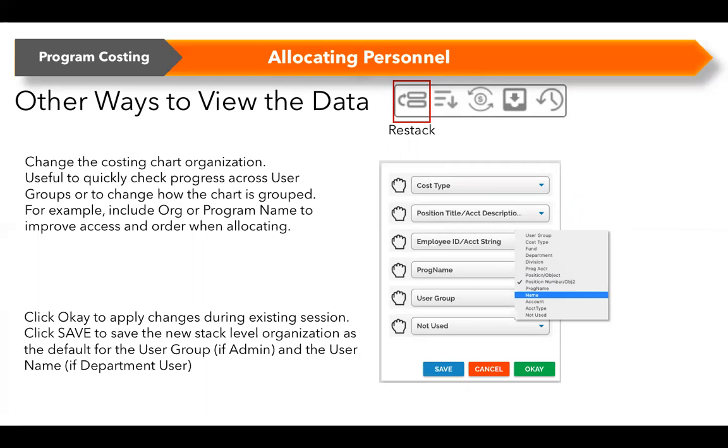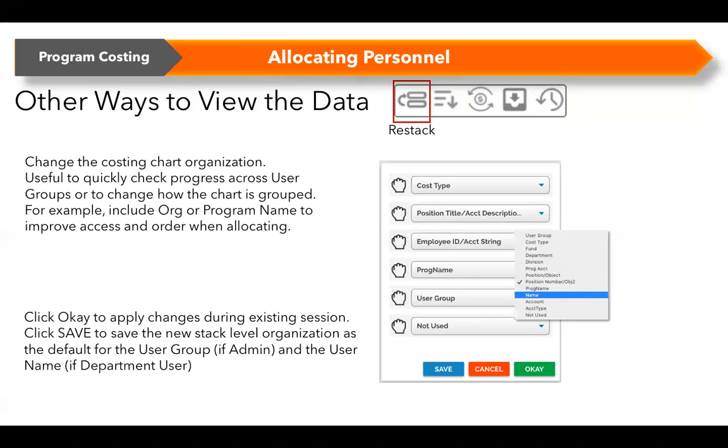If you want to regroup and view it by fund or division or any of those pieces of data that are captured in your budget line items, you can click on the arrow to see the drop down, and then using the hand icon, you can drag any one of these to the top, so it'll change just the way that you view the data or how it's filtered.